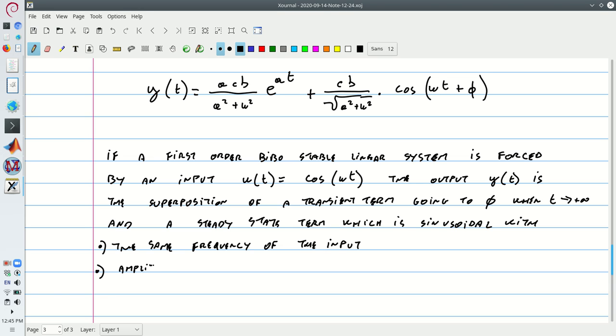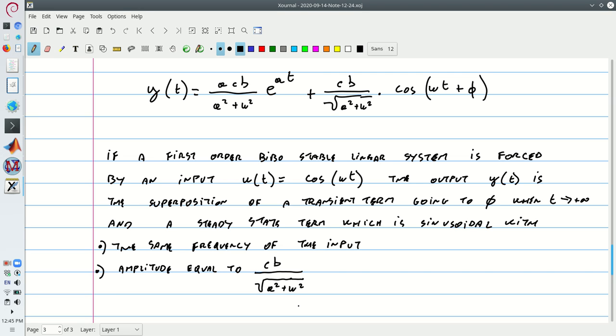Amplitude equal to, let's see what the amplitude looks like. This is a cosine, and the amplitude, instead of going between -1 and +1, so the amplitude is not 1 anymore, is going to be equal to CB divided by square root of a square plus omega square.